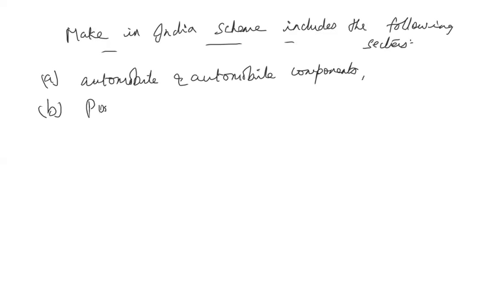Ports and shipping: recently, the government started manufacturing shipping containers in India, which we were earlier importing from China. Now it has been encouraged to manufacture within our country itself. And of course, railways, you must have heard about Vande Bharat, which is being manufactured at a fraction of the cost of other countries. That is again indigenously developed within our country.